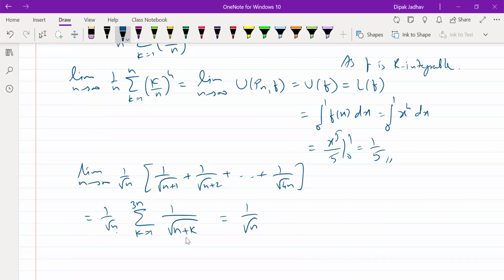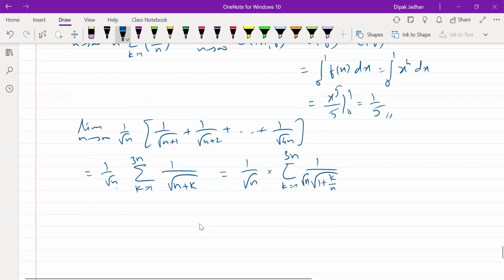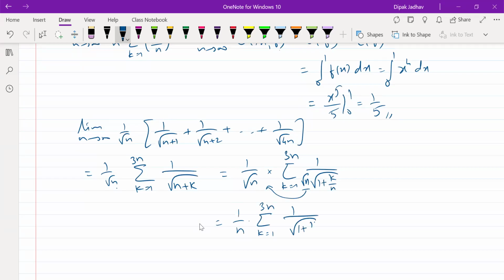So if I pull out root n, what will I get? 1 by root of 1 plus k by n, and the root n is outside. And this root n you can actually bring out of the sum, and you'll have something like 1 by n summation k from 1 to 3n, 1 by root of 1 plus k by n.